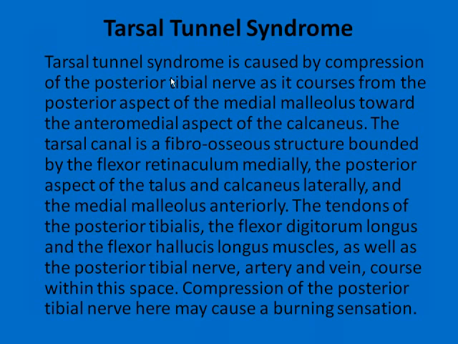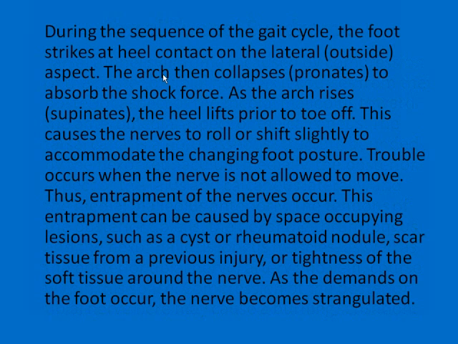Compression of the posterior tibial nerve here may cause a burning sensation. During the sequence of the gait cycle, the foot strikes at heel contact on the lateral outside aspect. The arch then collapses to absorb the shock force. As the arch rises, the heel lifts prior to toe off. This causes the nerve to roll or shift slightly to accommodate the changing foot posture.